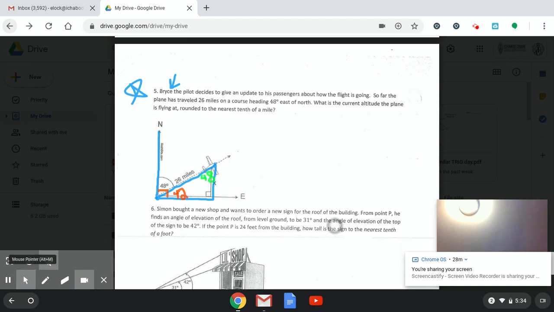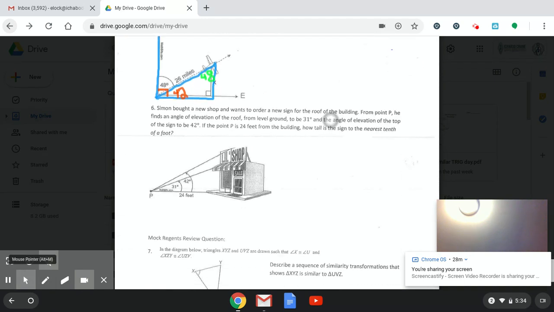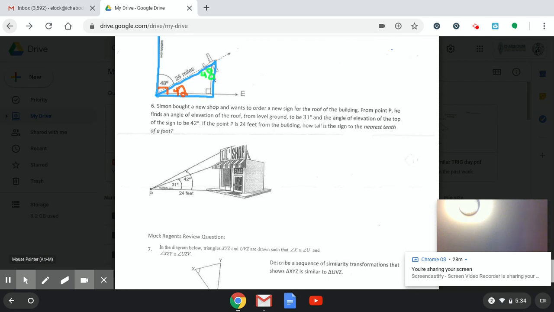Number 6 is that overlapping triangle idea. Now, what I would suggest is again to redraw your two right triangles, the small one and then the taller one. Okay. Now, what they're asking for in this question is the height of the sign. So, how tall is the sign from the top of the sign on the building to the bottom of the sign there?